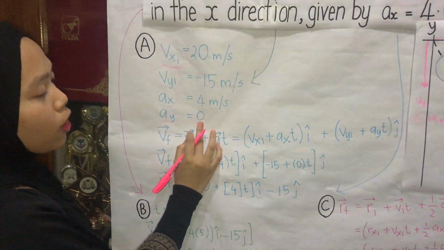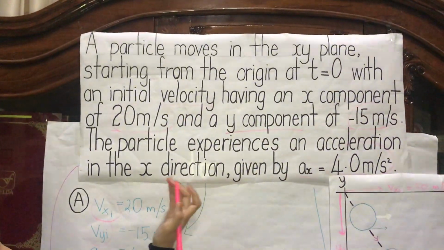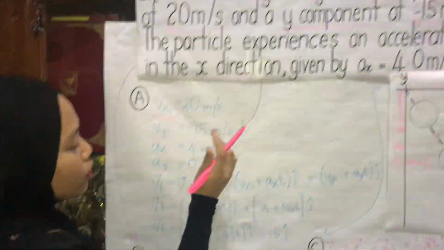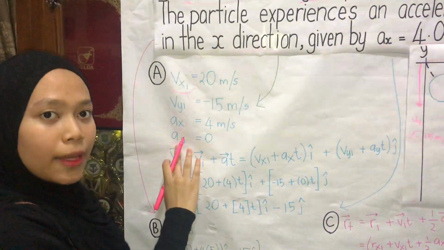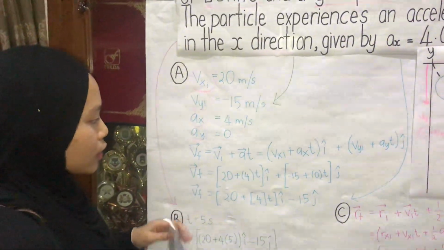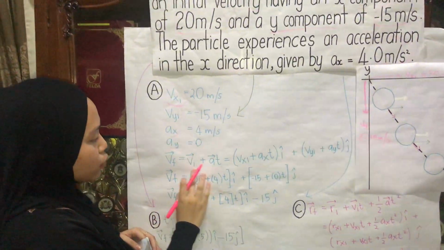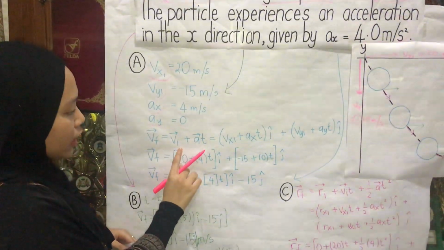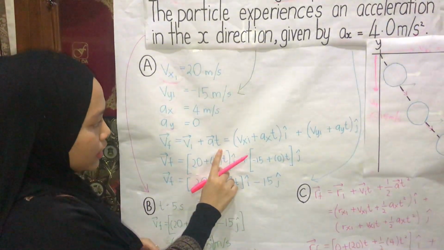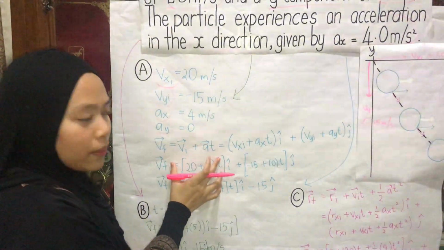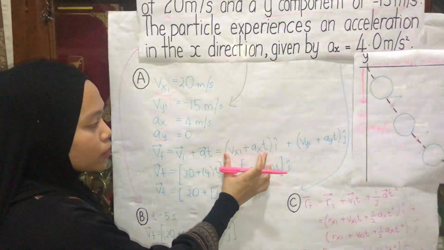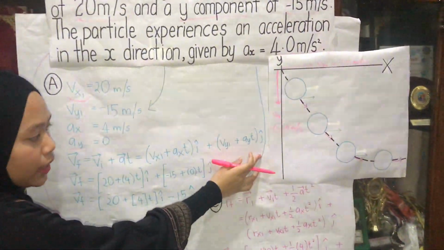It is 0 because according to the statement, the particle moves in the x direction only, so Ay automatically becomes 0. By using the first equation, we have V equals V initial plus At. Please remember that this equation must be used in i and j unit.